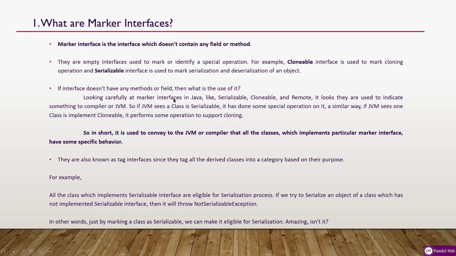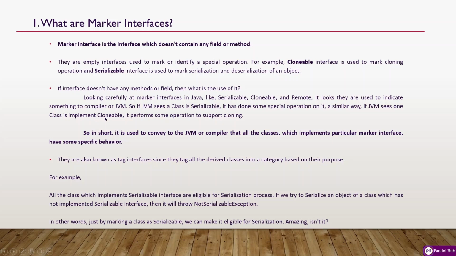Looking carefully at marker interfaces in Java, like Serializable, Cloneable, and Remote, they are used to indicate something to the compiler or JVM. So if the JVM sees a class as Serializable, it does some special operation on it. In a similar way, if the JVM sees a class implement Cloneable, it performs some operation to support cloning.